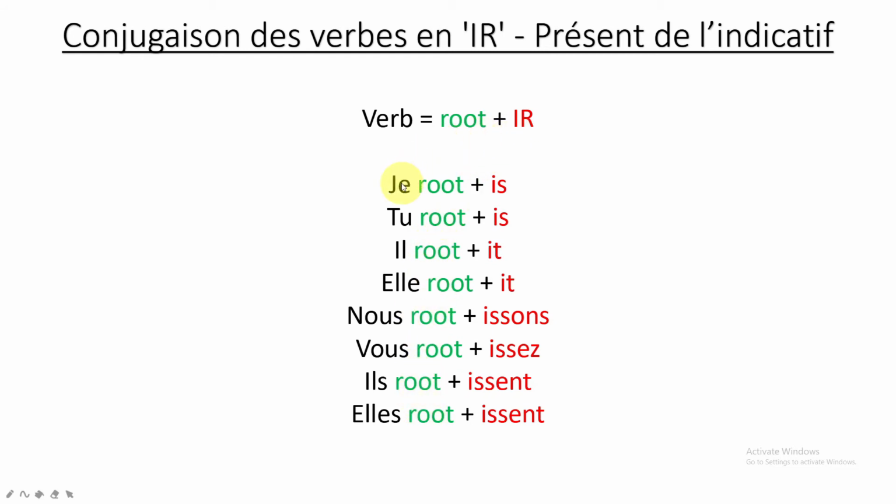So for je, it will be root plus IS, tu, root plus IS, il, root plus IT, elle, root plus IT, nous, root plus ISSONS, vous, root plus ISSEZ, ils plural, root plus ISSENT, elles plural, root plus ISSENT.